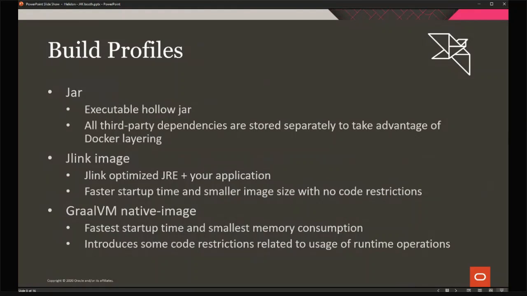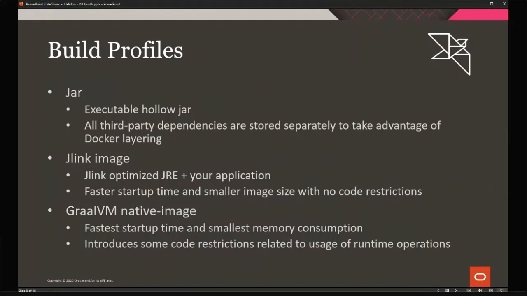It's done this way to better support Docker layering. Third-party code is not changing often and can be placed in a different layer of your Docker image. So every time you build it, the only layer with your business logic is changing, which makes the build fast.